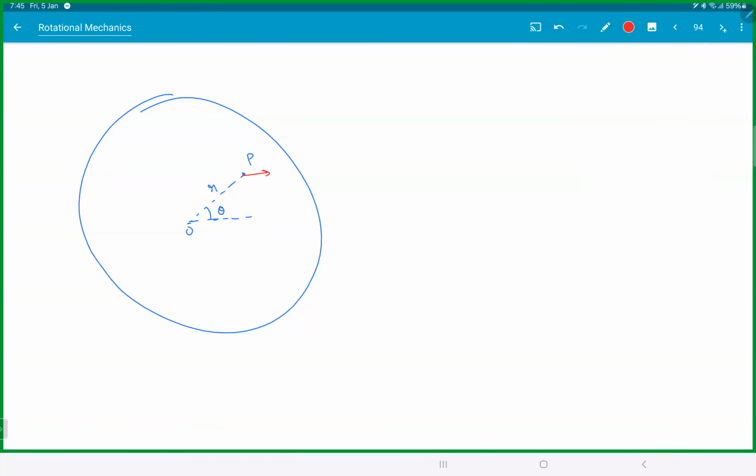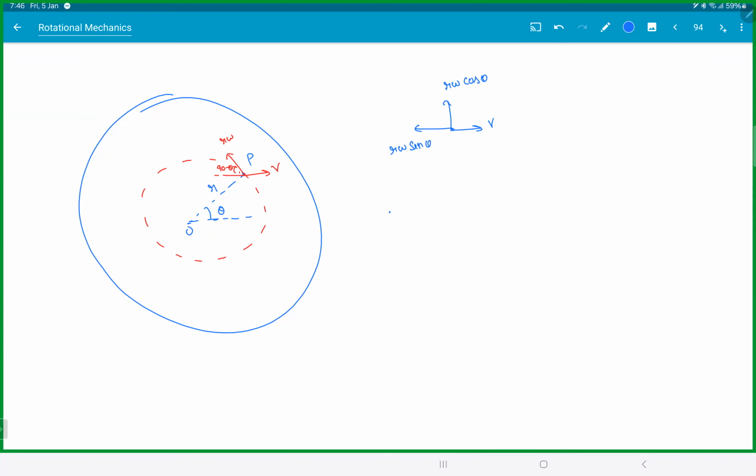Same idea. This is V. This is r omega. This is 90 minus theta. So this would be r omega cos theta, and this would be r omega sine theta.